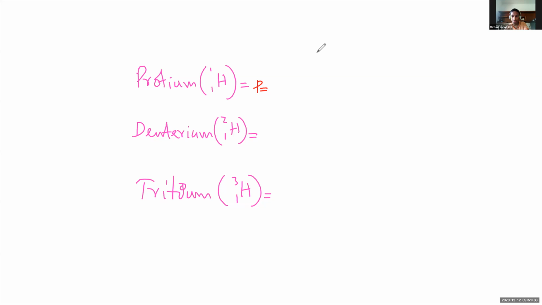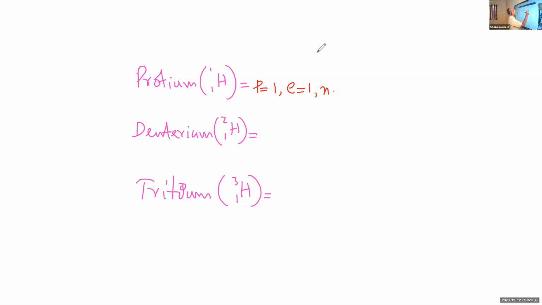Atomic number is the number of protons, and it is the same number of electrons also. So if you get the atomic number, from that you will get the number of protons as well as the number of electrons. All right, so if P is equal to 1, then electrons is equal to 1.